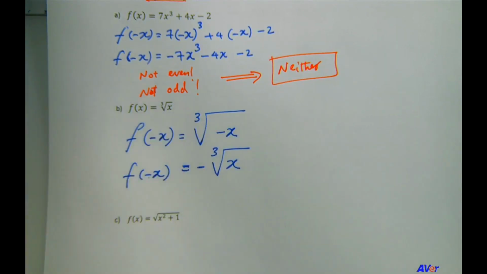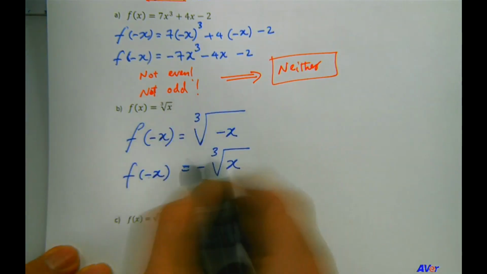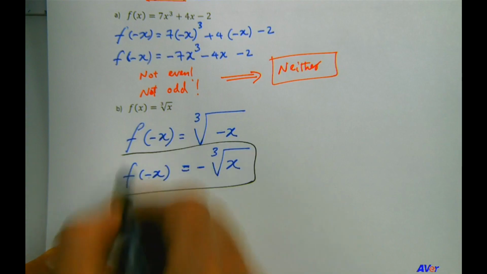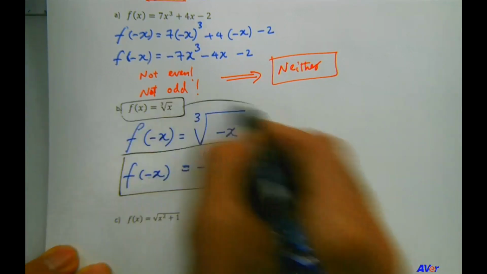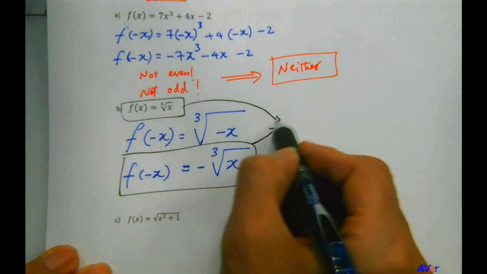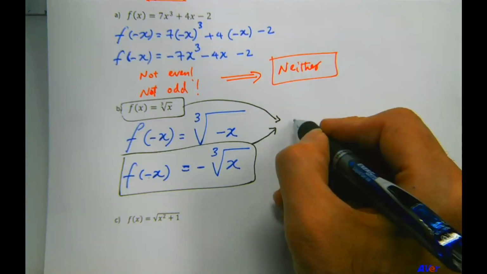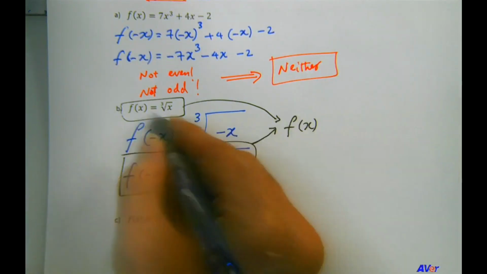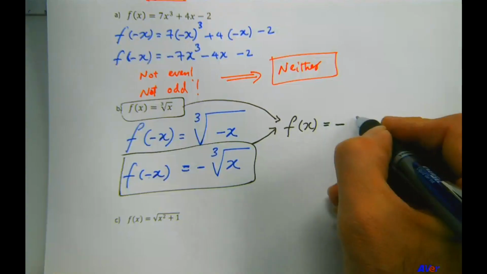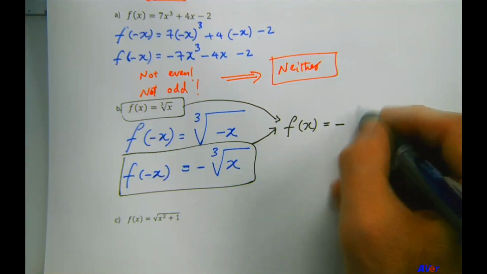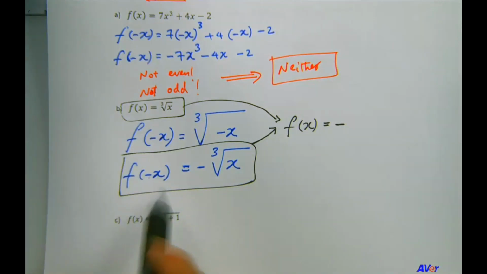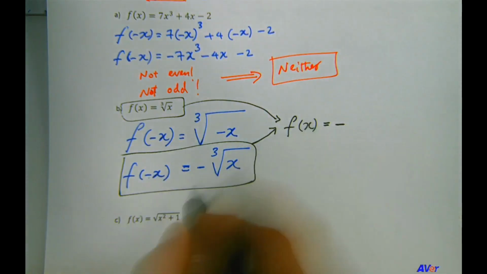So because of these two, compare that with this, we can say that f at -x is equal to minus, well, I should have said it this way.